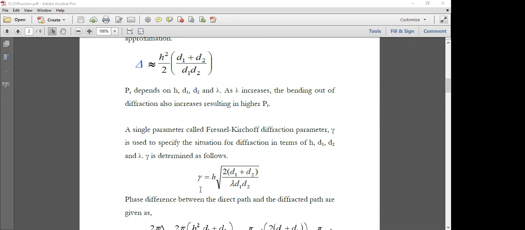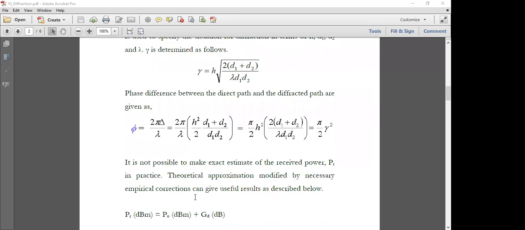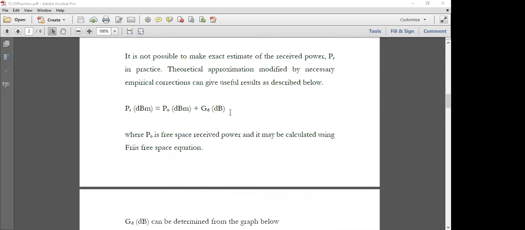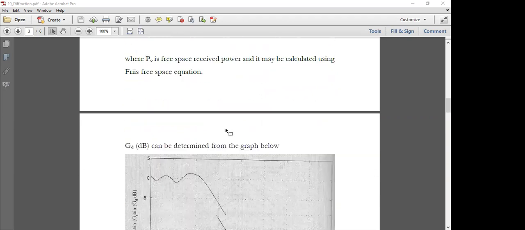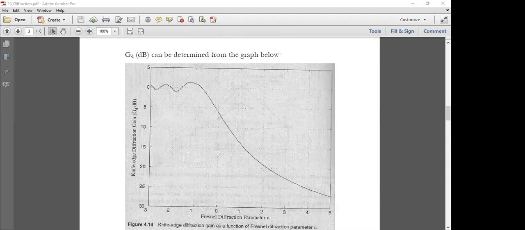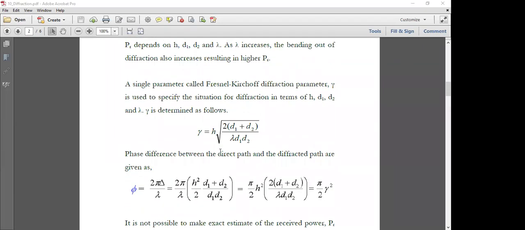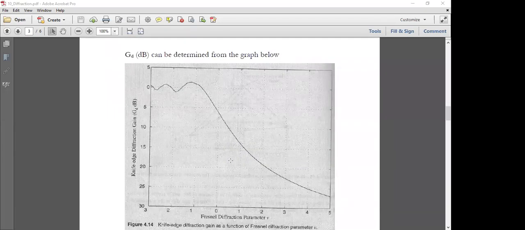Then use this nu to find out how the diffraction will affect. The overall impact we show as G. You calculate nu and use this graph to find your G.